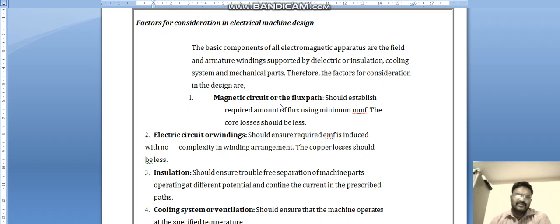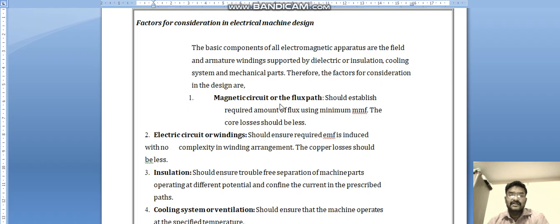We know there are so many types of windings: single winding, double winding, duplex winding. The complexity should be less, and at the same time the machine should produce the required EMF. The electric circuit or winding should ensure the required EMF is induced with no complexity in winding arrangement.